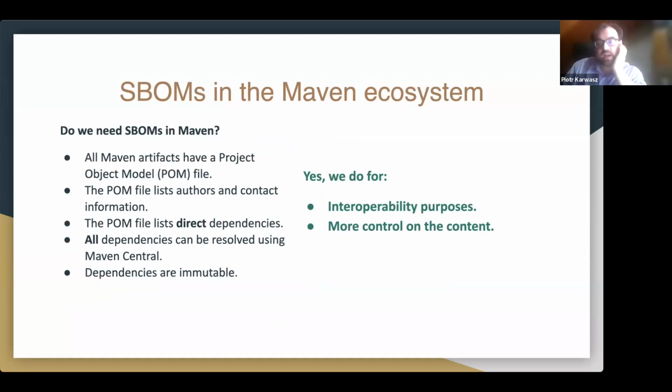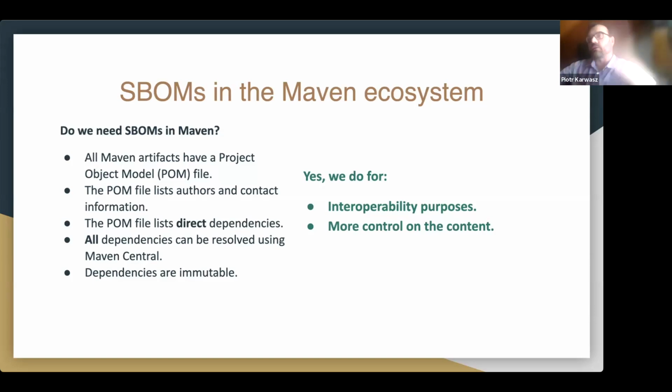So yeah, I wanted to start with a little bit of a provocation, which means, do we really need SBOMs in Maven? Well, yes and no. Maven has a file that's called a project object model. It contains only the direct dependencies, but the first feature that was implemented, we can resolve that.